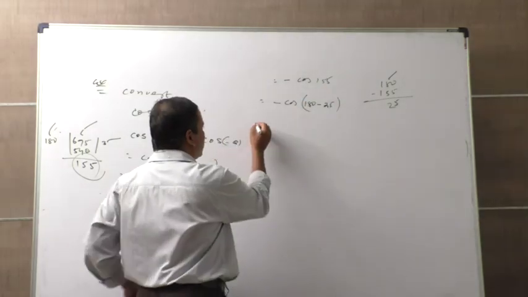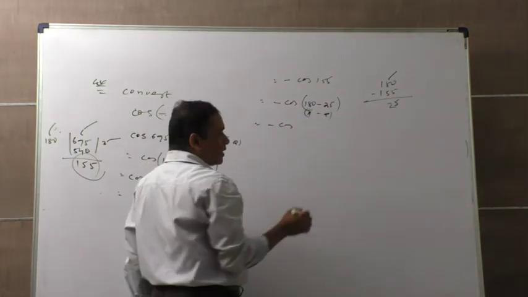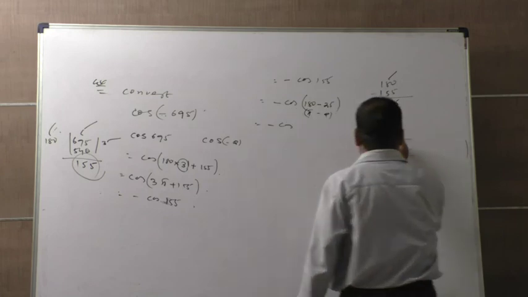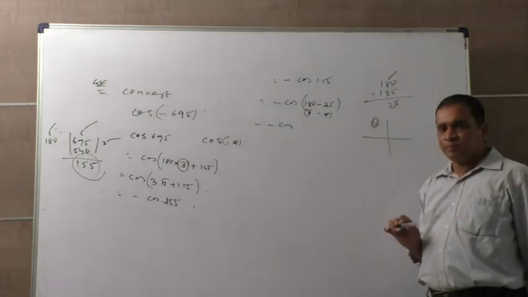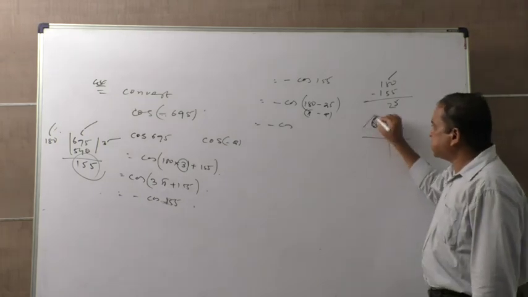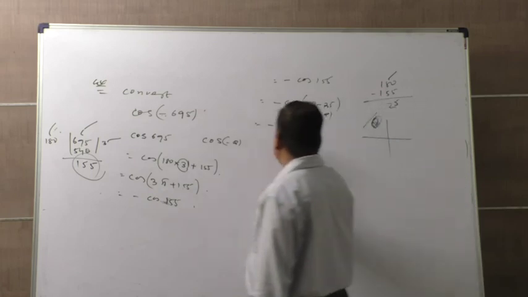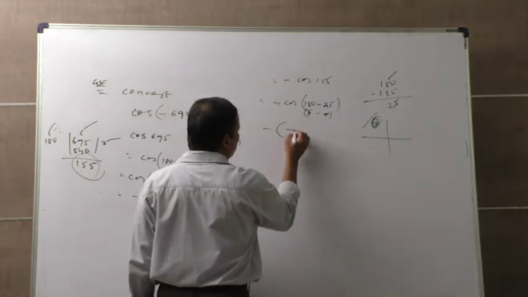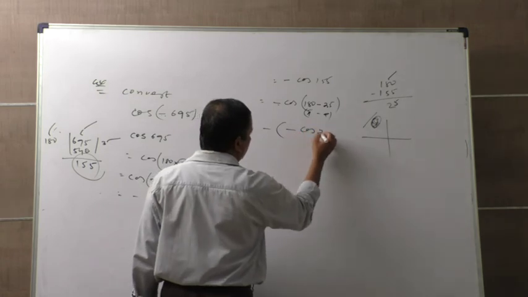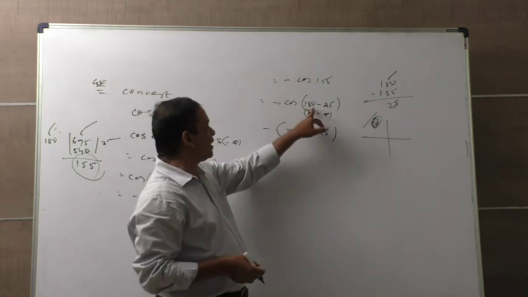So simply you can write minus cos of pi minus theta. Cos of pi minus theta lies in the second quadrant. Since it lies in the second quadrant, sin is positive, cos is negative. So this will be minus of minus cos 25 degrees, because 155 is 180 minus 25.